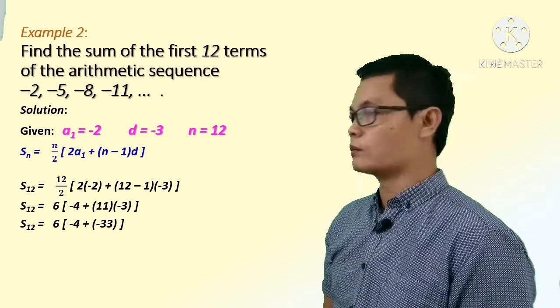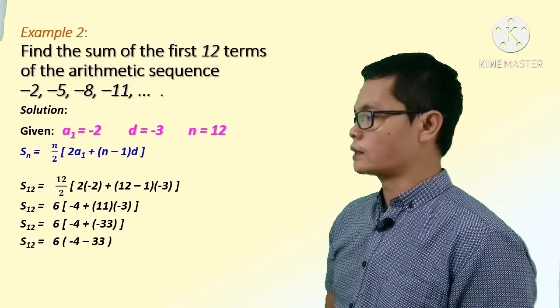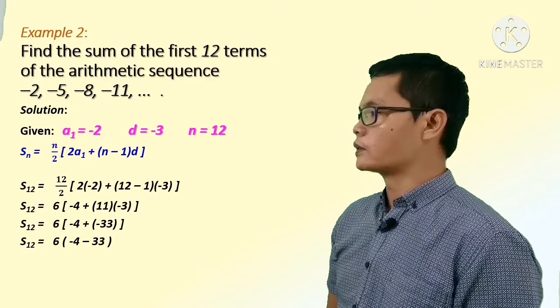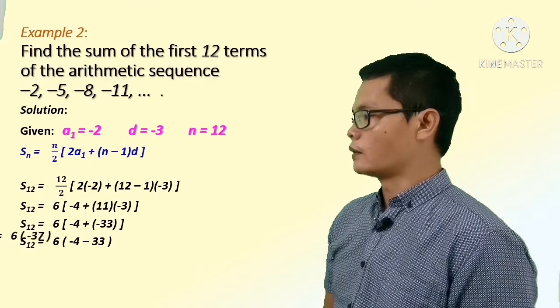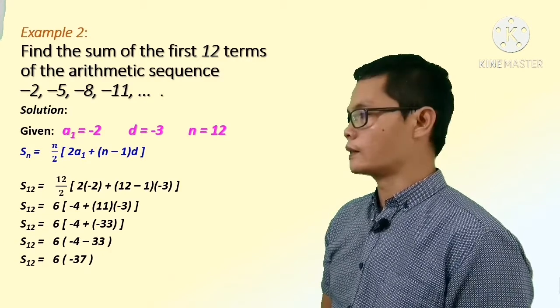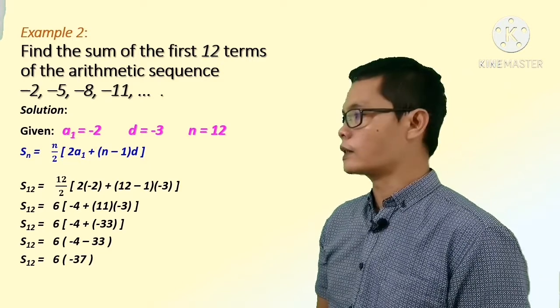So just simply multiply it. Then we have S sub 12 equals 6 multiplied to -4 minus 33. Then S sub 12 equals 6, then the sum is -37. So we have to multiply 6 and -37.